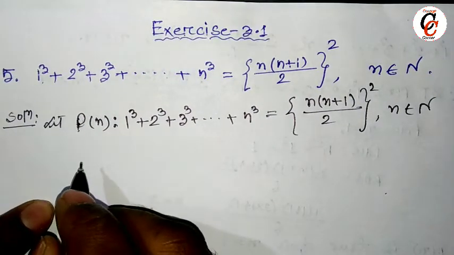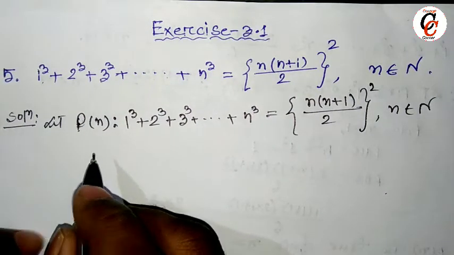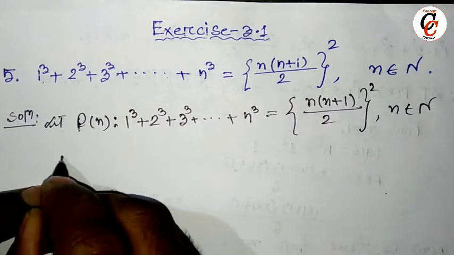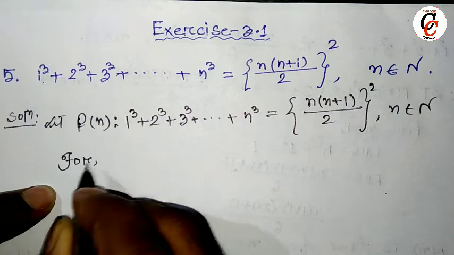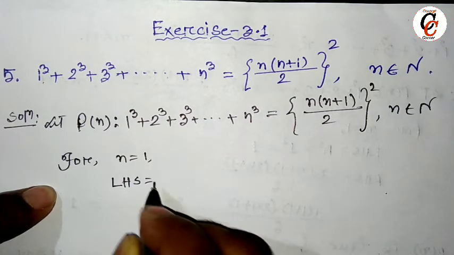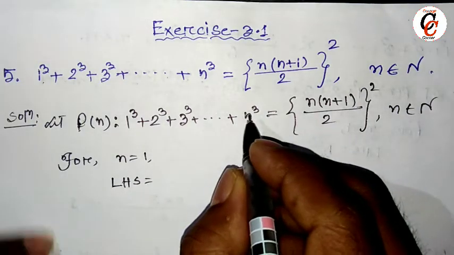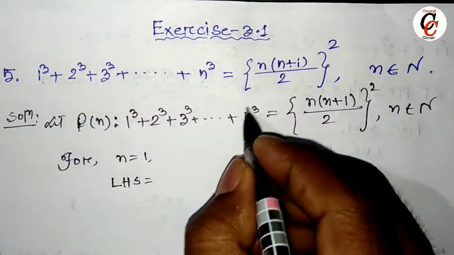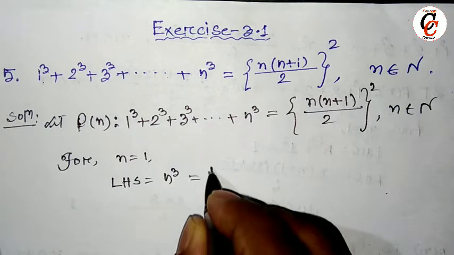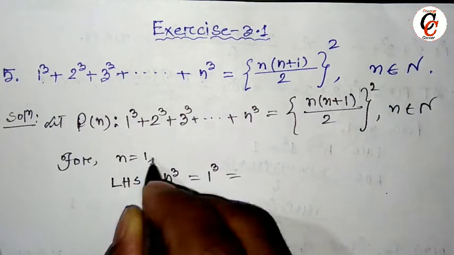So for first, what is the first step? First step is that we have to prove this statement for n equal to 1. So for n equal to 1, left hand side, we have to take the first term, n cube. N cube means what? 1 cube, since the value of n is 1.